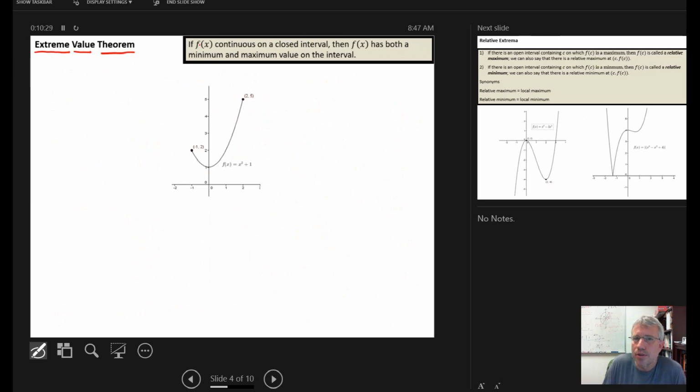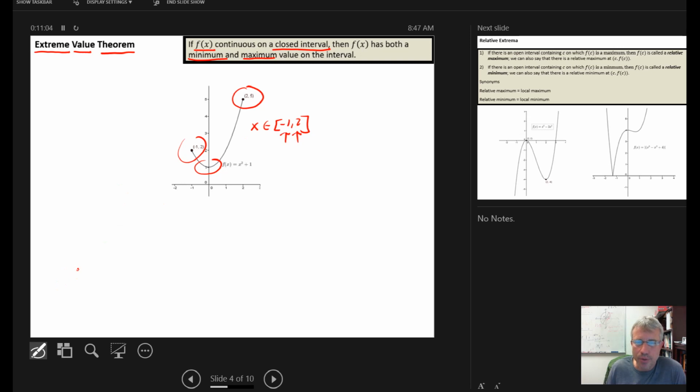The extreme value theorem says, hey, if you define a continuous function over a closed interval, so in this example, we did the closed interval from -1 to 2, then there's going to be a smallest and largest output value on that interval. And it's either going to occur at a high or a low point on the function, or it's going to occur at the endpoints of the closed interval.